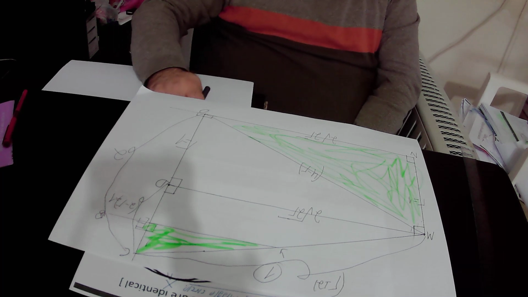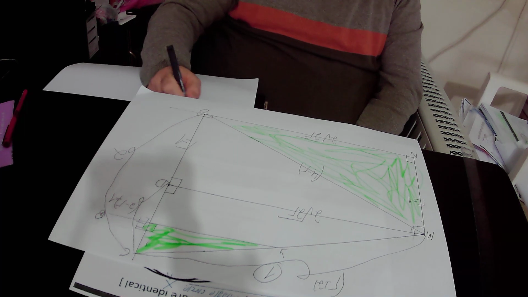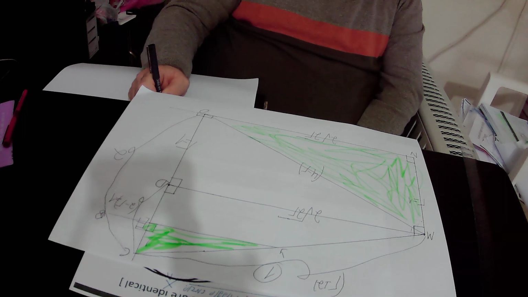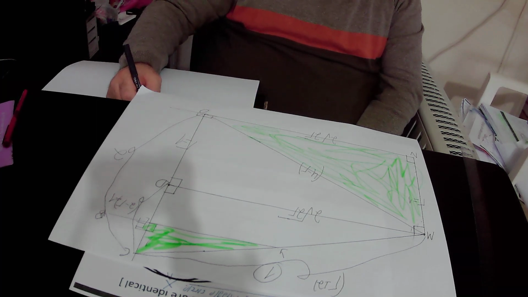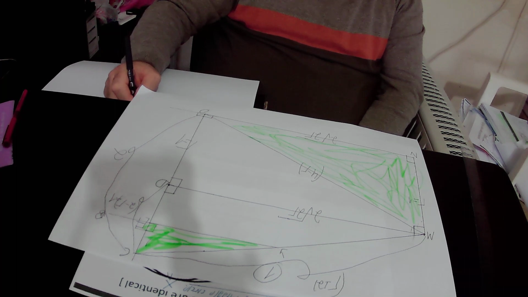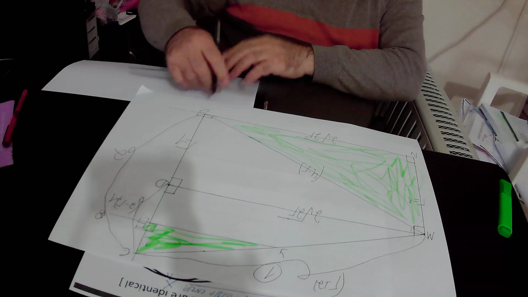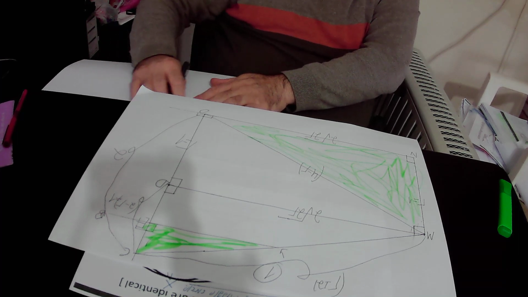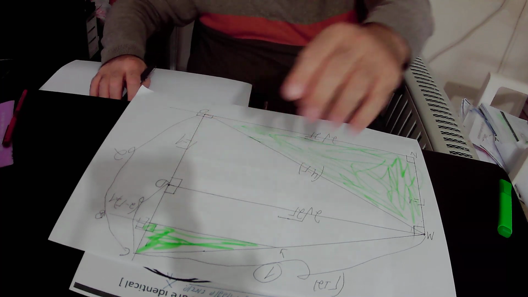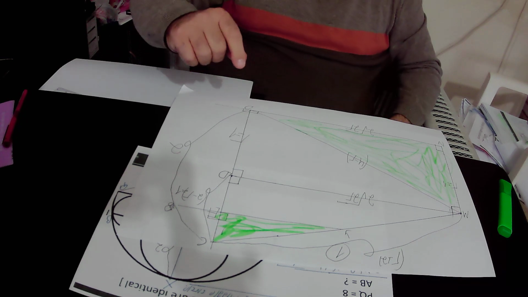So we will focus on triangle CEY and triangle CDM. We will prove that those two triangles are similar to each other.